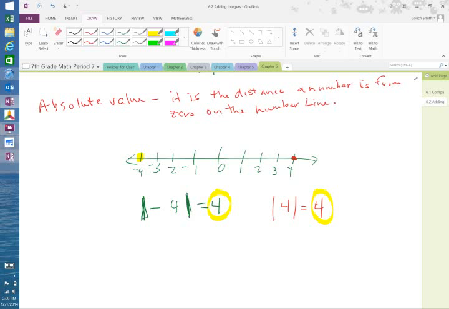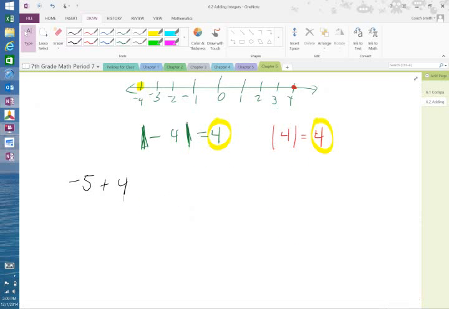Back to our original problem of -5 plus 4. A negative and a positive, so I have to take the absolute value of -5. What is the absolute value of -5? 5.